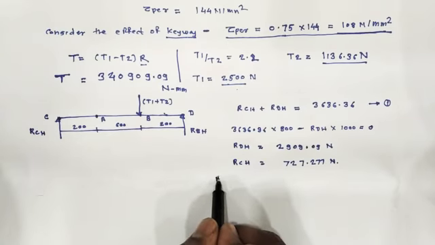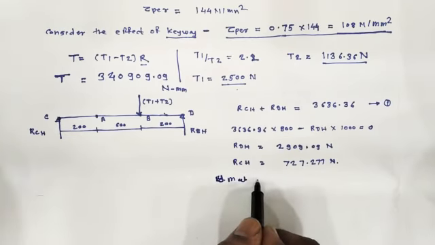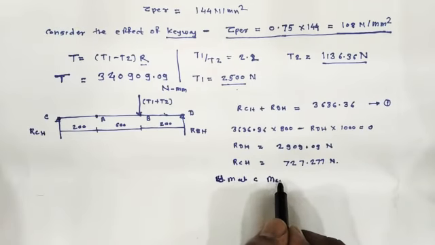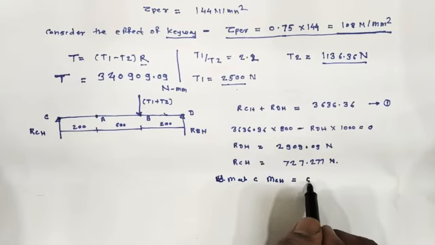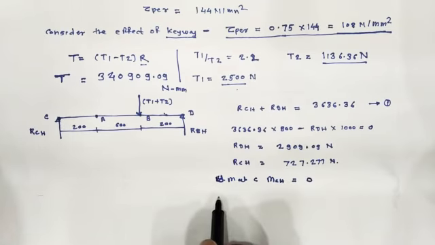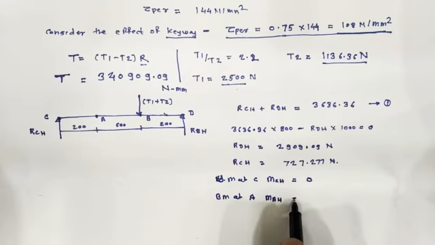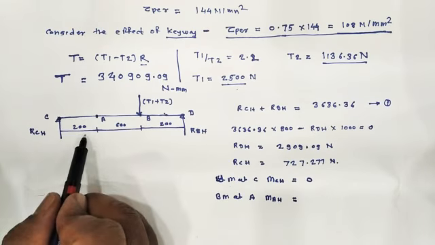We write bending moment at C, called MCH. As it is a bearing support, it becomes 0. Then bending moment at A, called MAH, is equal to RCH into 200.